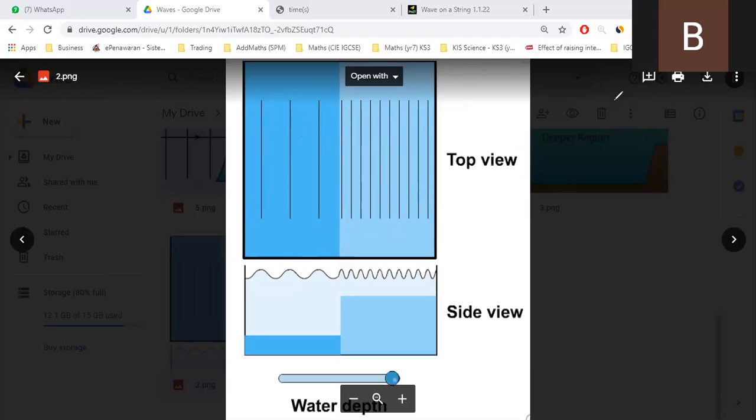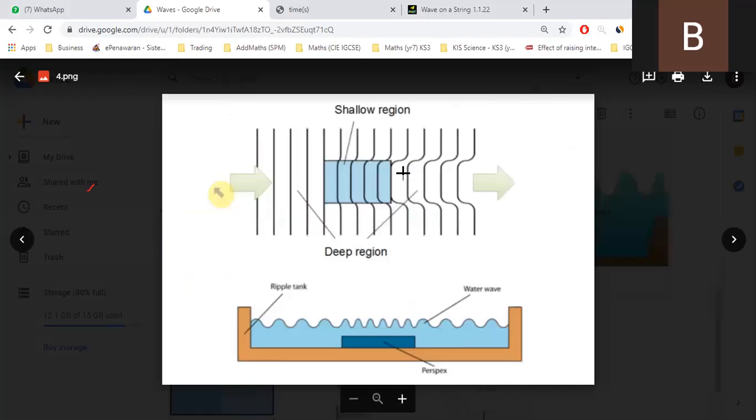Now, in a ripple tank, what if we put an obstacle or different materials to study the refraction? Look at the diagram here. This shows a ripple tank. In the middle, we put a perspex, basically a plastic. Water flows through it.